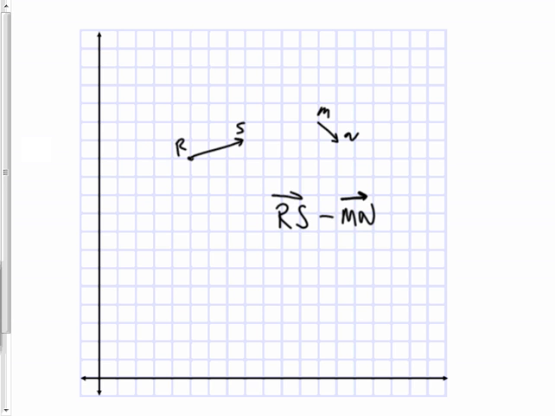All right, so I have made this MN the opposite. And so think about this for a second. That would be like saying, take RS and add what? Not negative. Add what? NM.